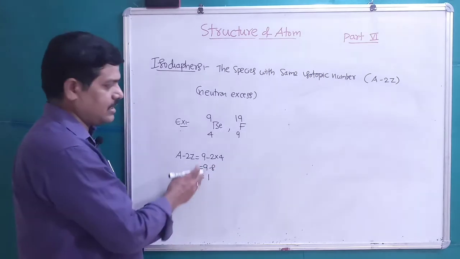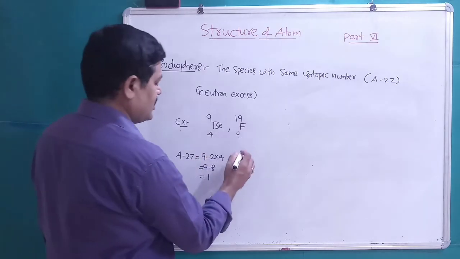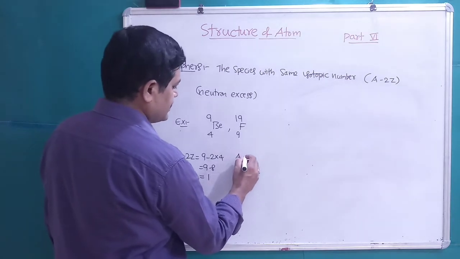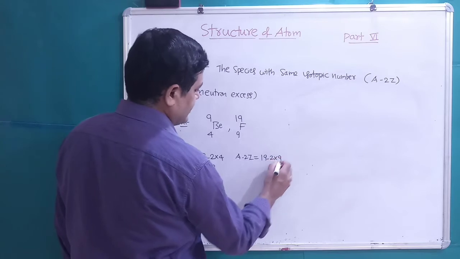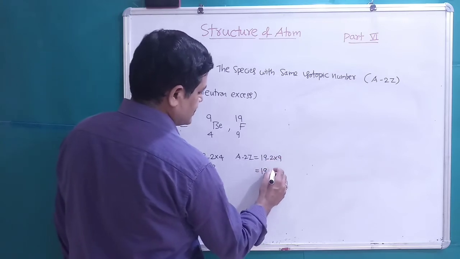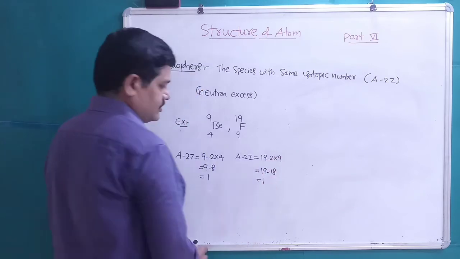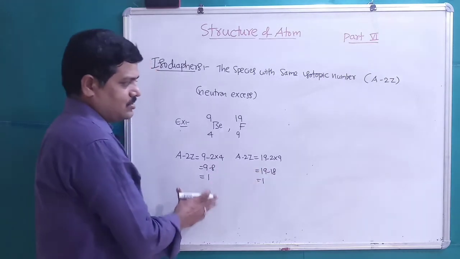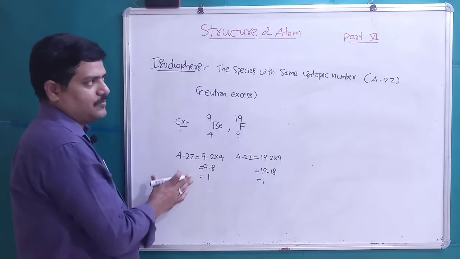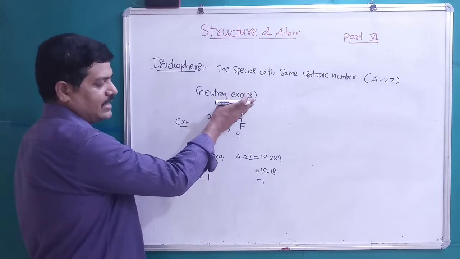For fluorine, A - 2Z is 19 - 2 into 9, which is 19 - 18, equal to 1. So the isotopic number is the same. These are called isodiaphers, also called neutron excess.